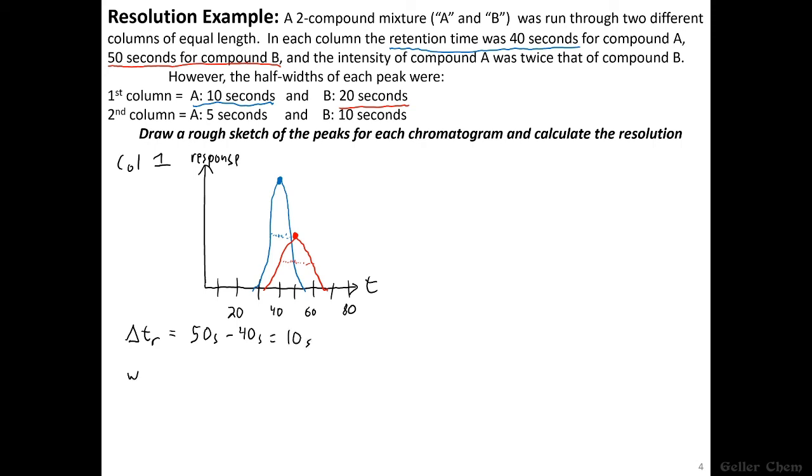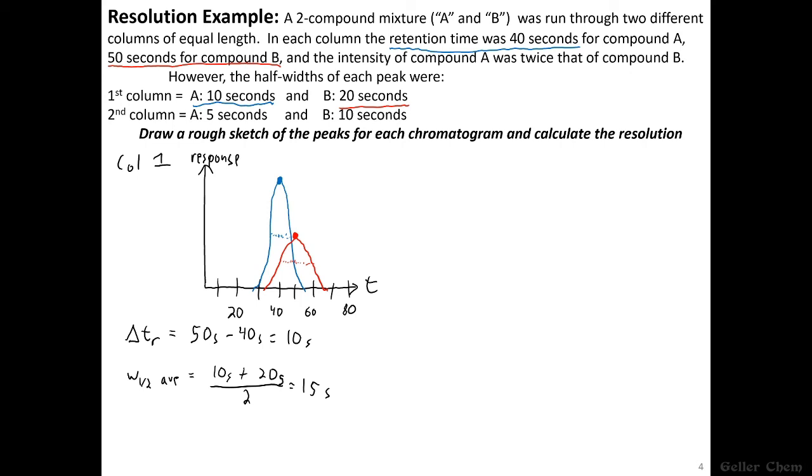Our half width average is equal to 10, the half width of peak A, plus 20, the half width of peak B, divided by 2, which equals 15. The unit is still seconds, because both of these widths were measured in terms of seconds, because the width is ultimately related to the x-axis, which is time.